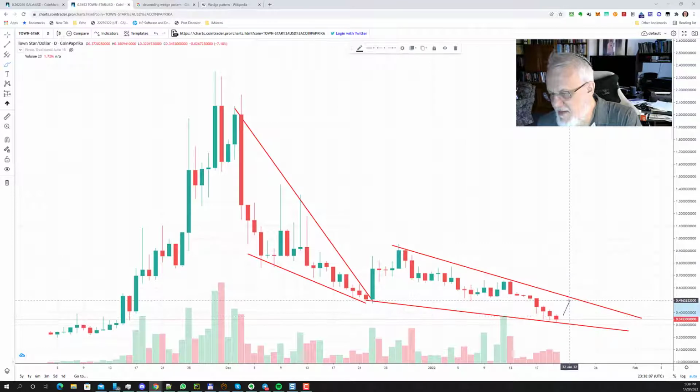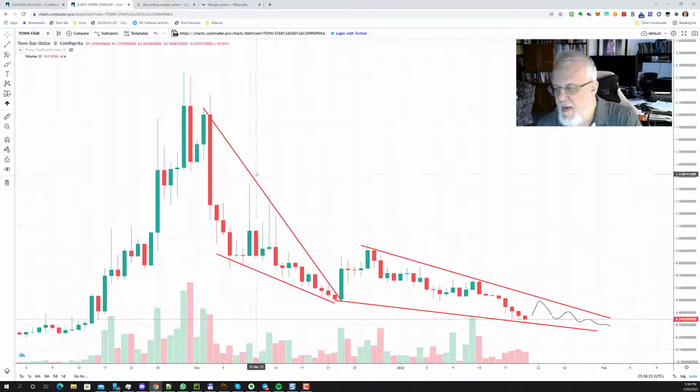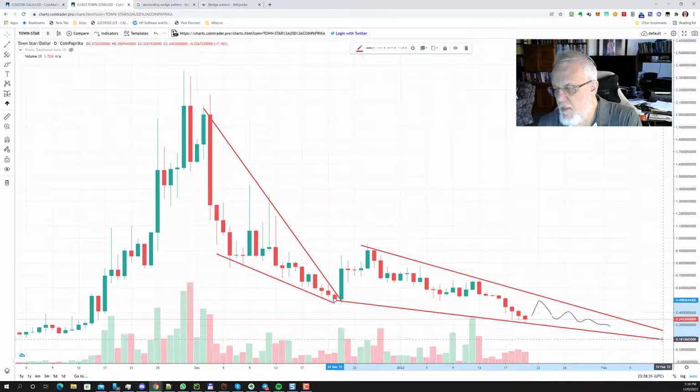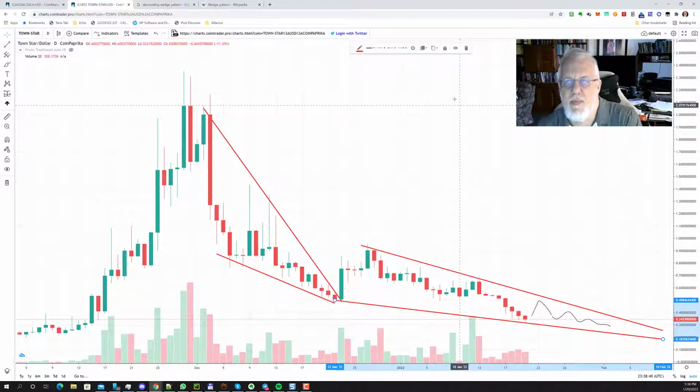It could still go boom, boom, boom, boom, boom, and those red lines aren't touching yet. You can extend those lines out into the future. This is where I still lack experience. I think it doesn't always wait to the very end. I think somewhere in here you could easily have a breakout.